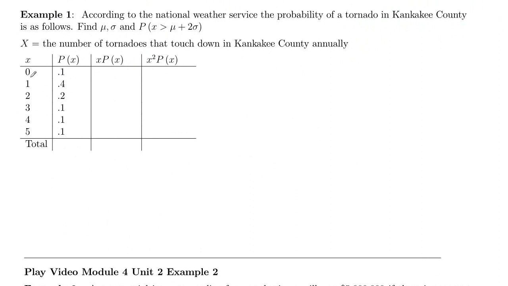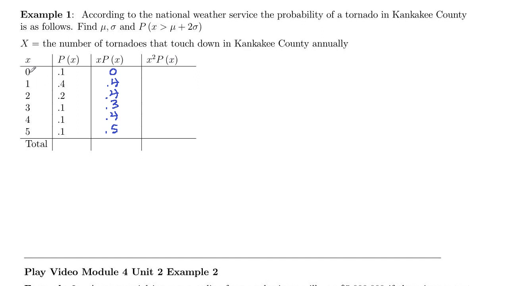So we just multiply straight across. 0 times 0.1 is 0. 1 times 0.4, 0.4. 2 times 0.2, 0.4. 3 times 0.1, 0.3. 4 times 0.1, 0.4. 5 times 0.1, 0.5. And then x squared times probability of x.